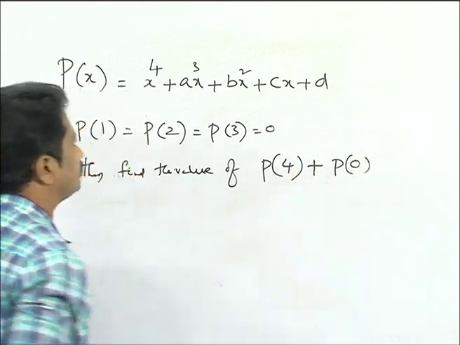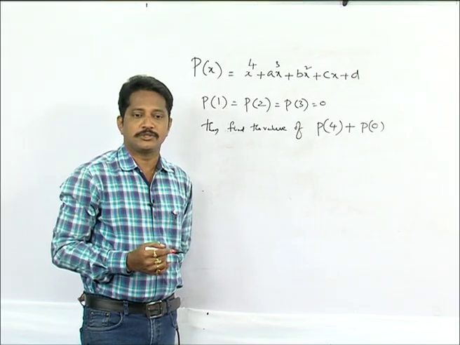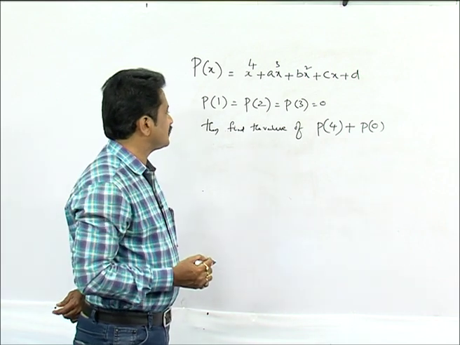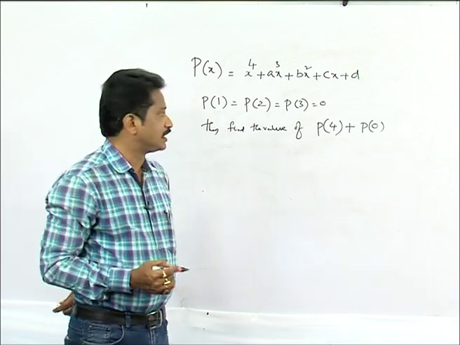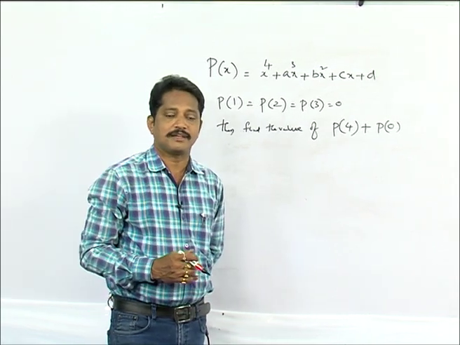Again: if p of x equals x to the power of 4 plus ax cube plus bx square plus cx plus d, and p of 1 equals p of 2 equals p of 3 equals 0, then find the value of p of 4 plus p of 0.